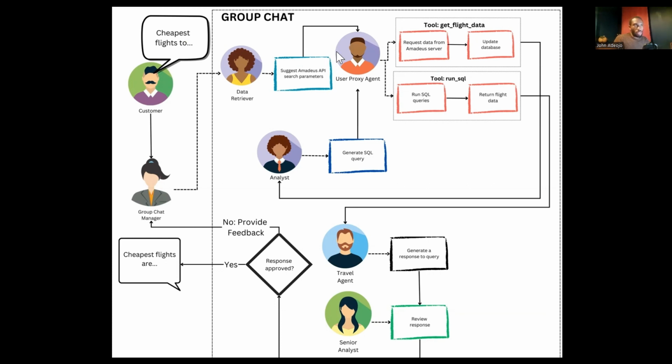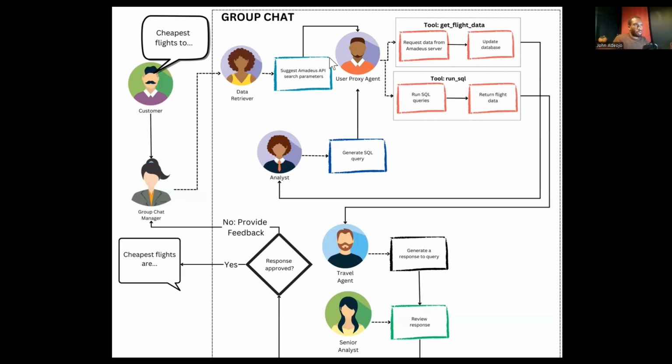The information is then passed to the user proxy. So the parameters are passed to the user proxy, which is the agent whose job is to actually execute our tools. So we talked about two tools that we defined, the get flight data function and the run SQL function. So in this case, the user proxy will be using the get flight data function.